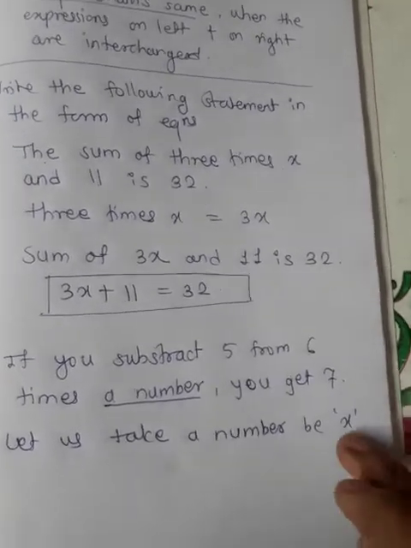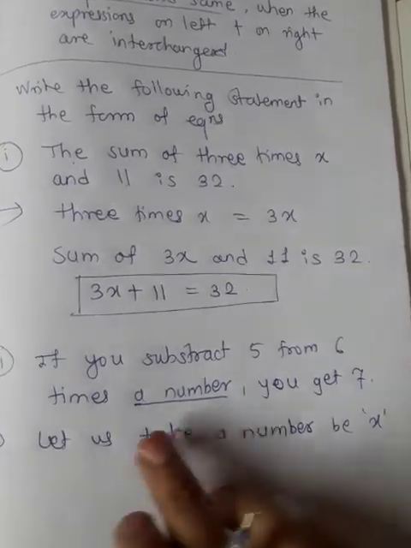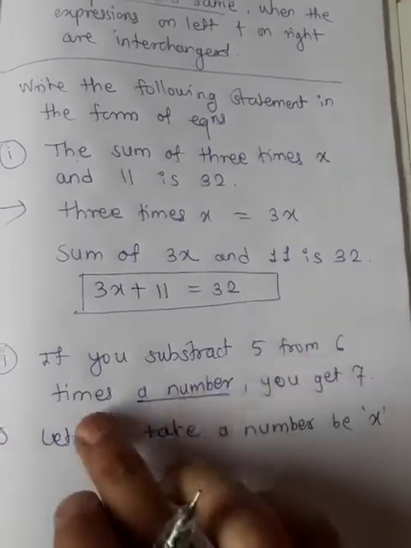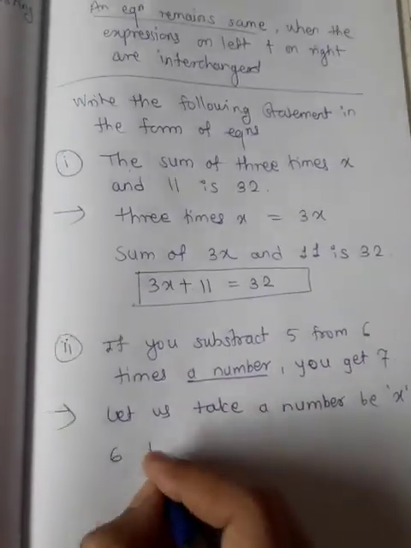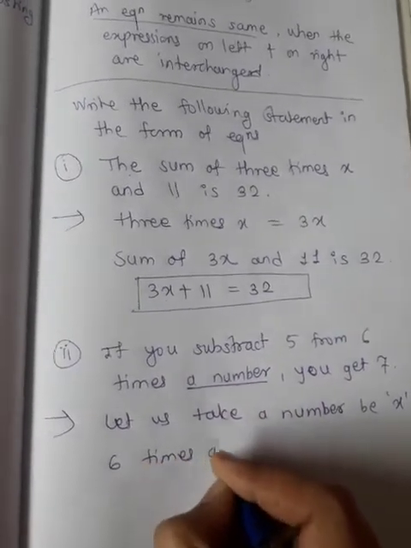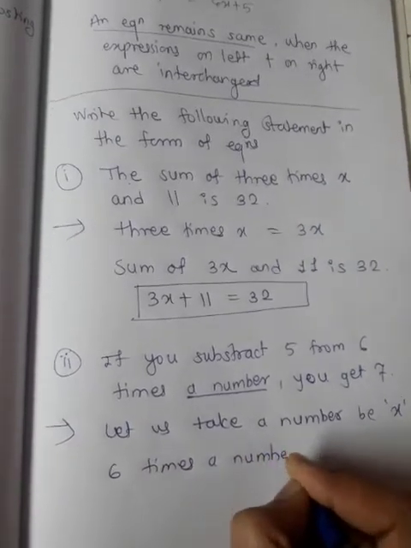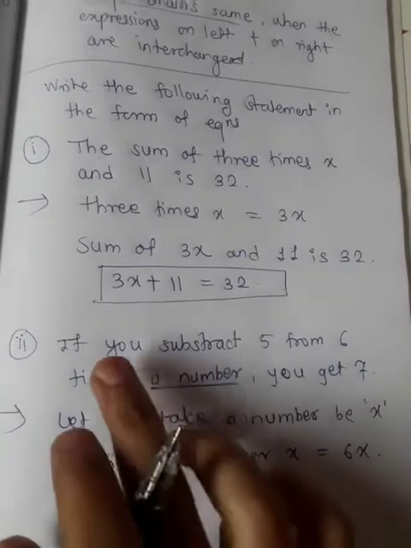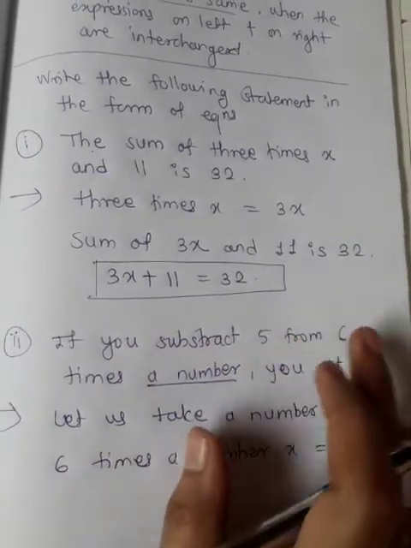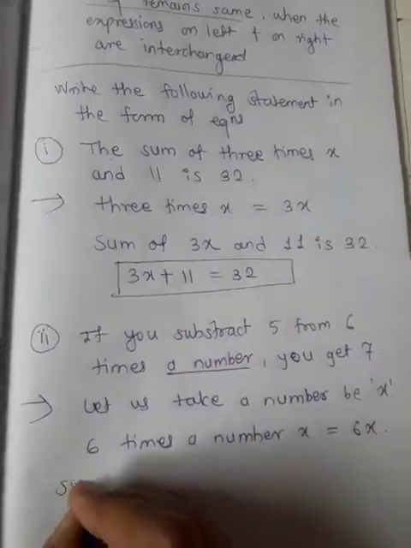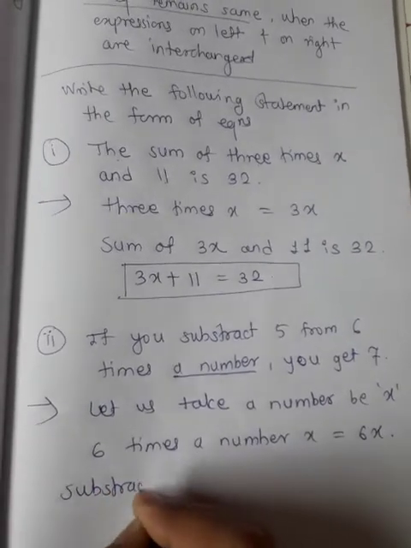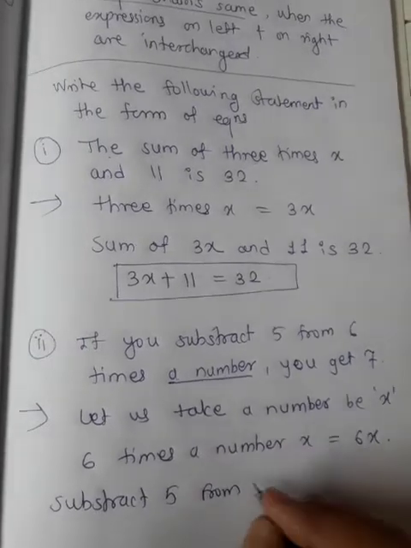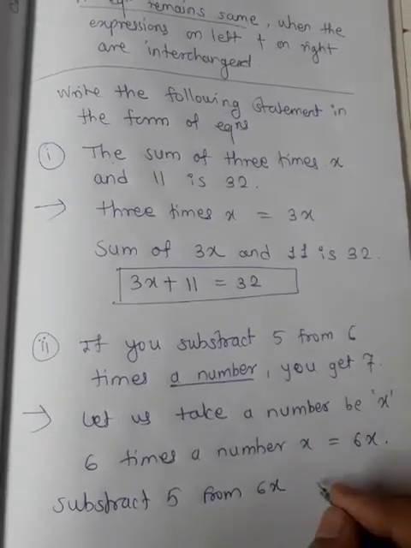You can take any x, y, z. Now 6 times the number x is nothing but 6x. Now if we subtract 5 from 6x, you get 7.